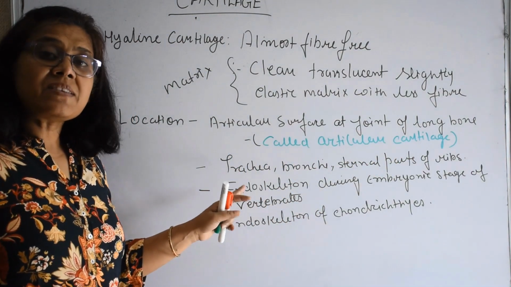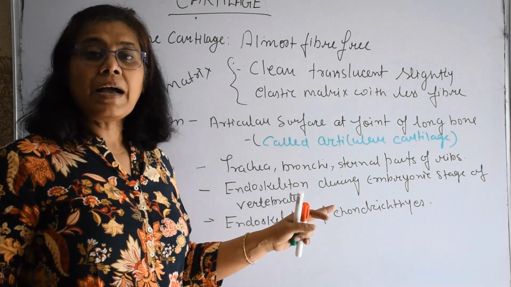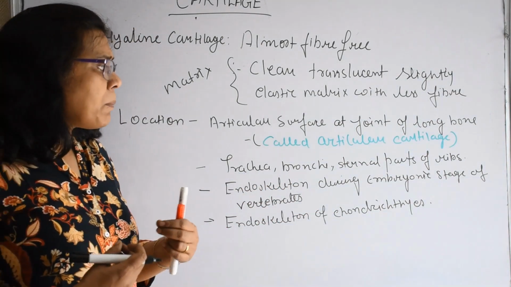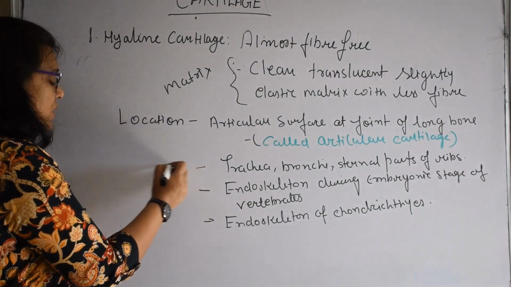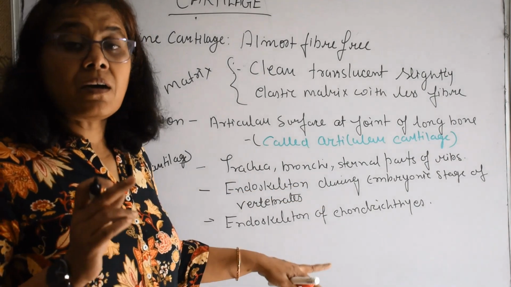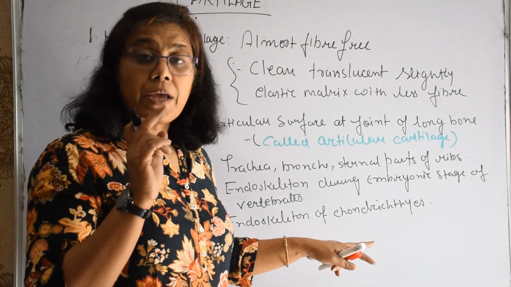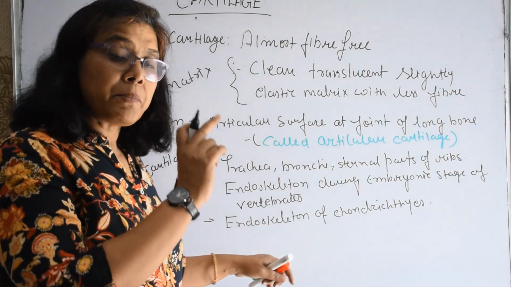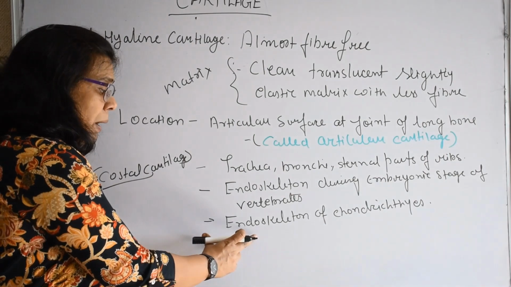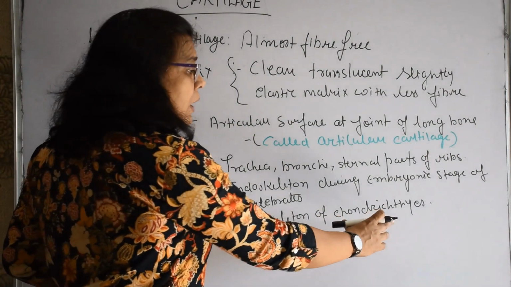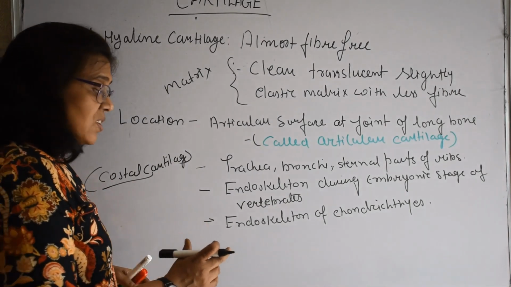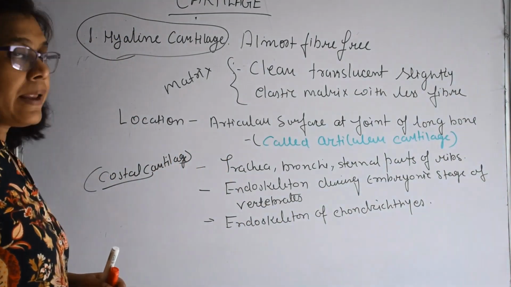It is also present in the trachea, bronchi and the sternal parts of ribs, so that's why it is also called costal cartilage. It also forms the endoskeleton in vertebrates during the embryonic stage, and also forms endoskeleton in the cartilaginous fishes. So this was about the hyaline cartilage.